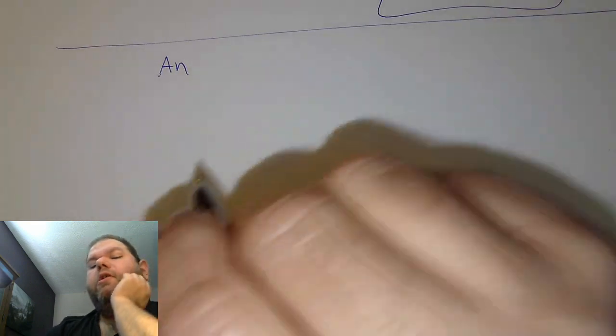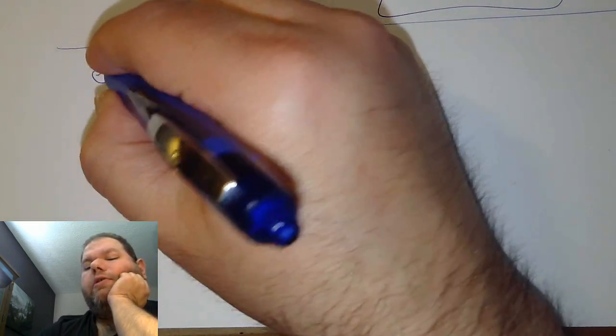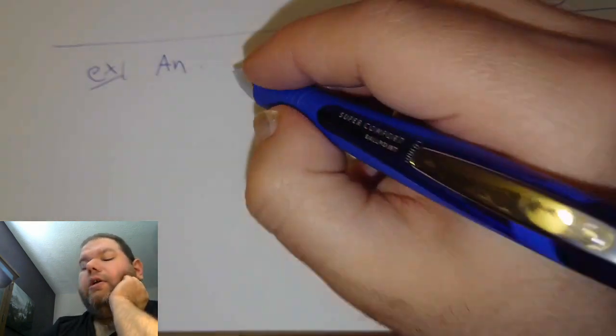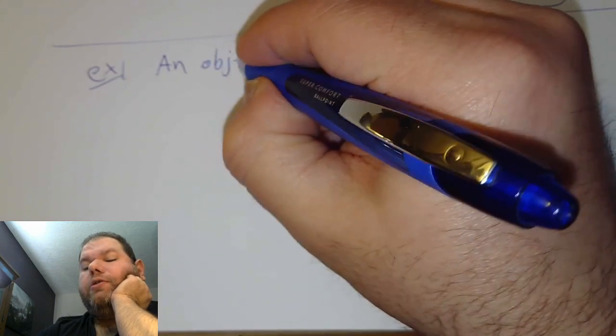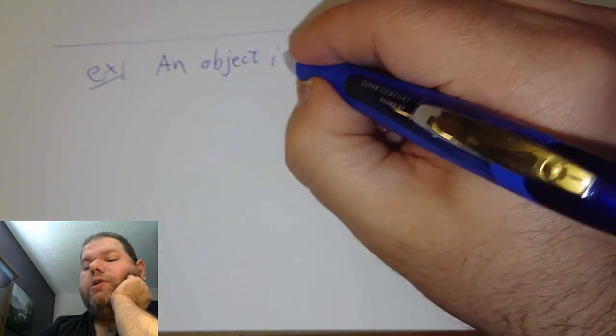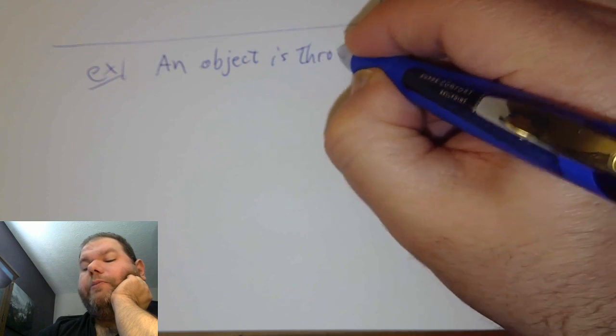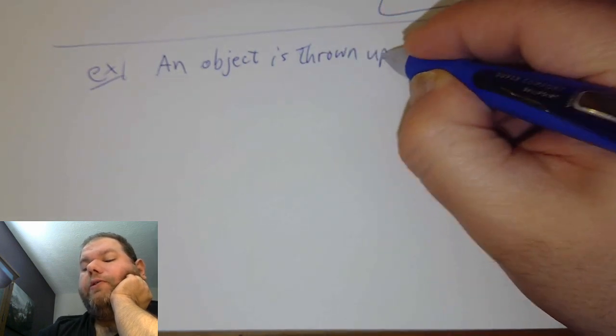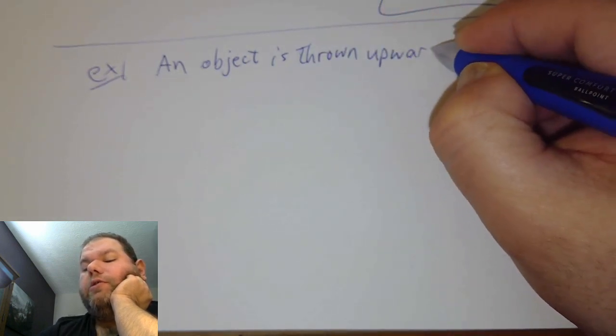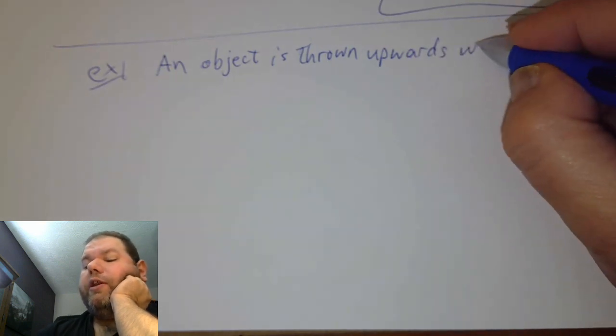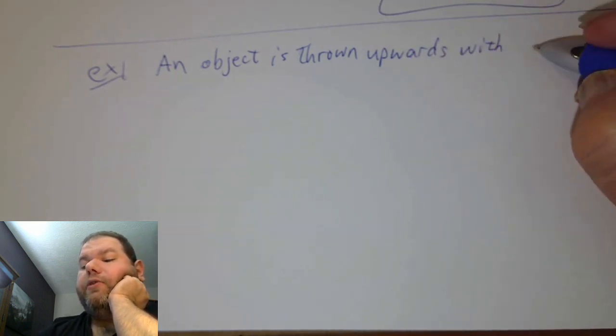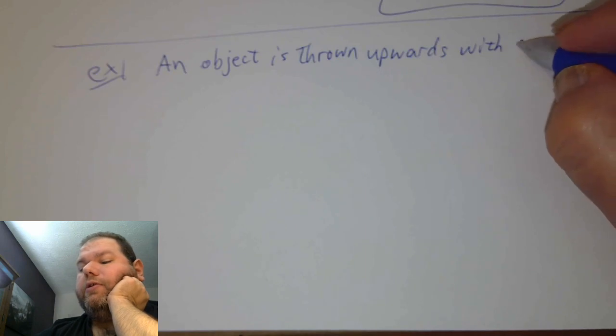Okay. So let's say in this example, an object is thrown upwards with an initial velocity of 32 feet per second.